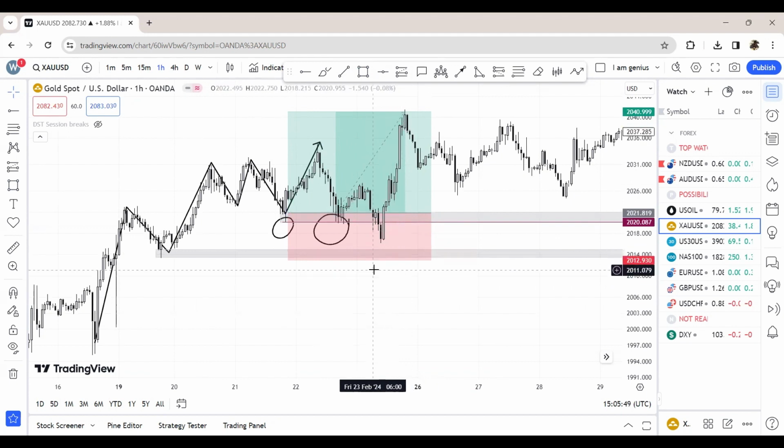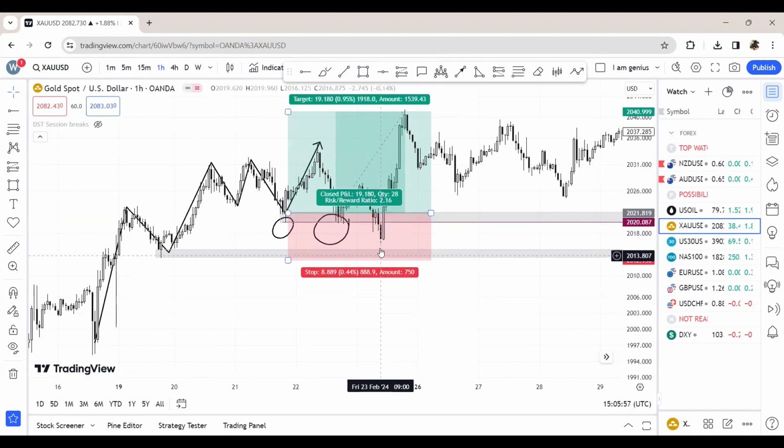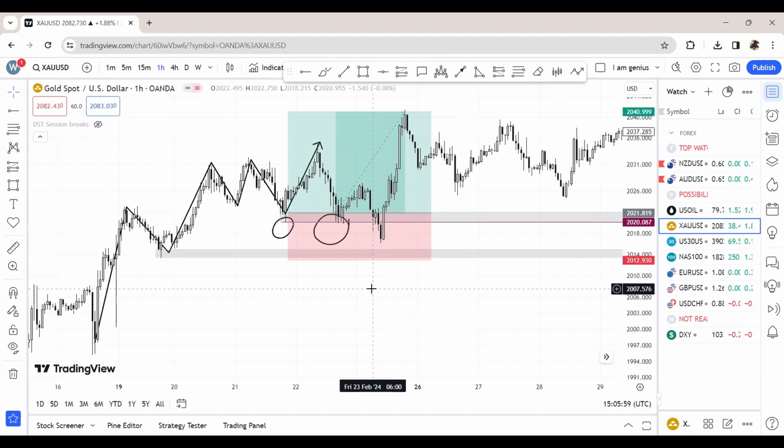Whether it stops you out, ensure that you had already calculated your risk. I'll make another video talking about how to calculate your risk, because I feel a lot of people, what they do wrong is they enter the markets without a stop loss, and then they don't even calculate how much they will make or lose potentially in the market.